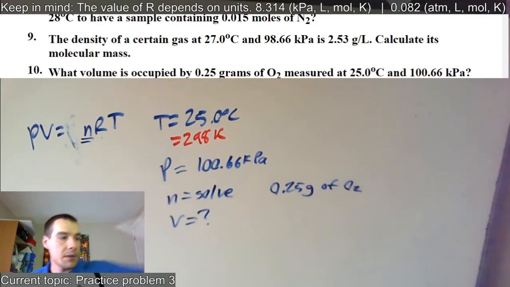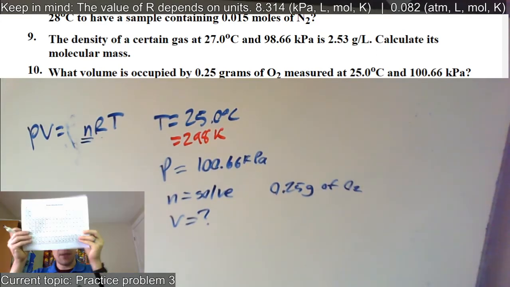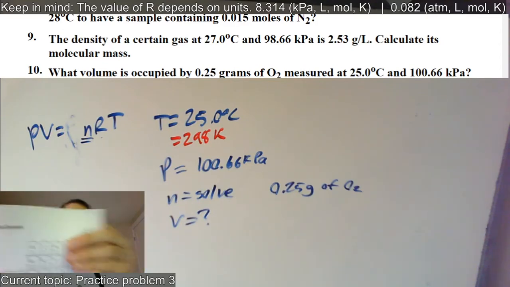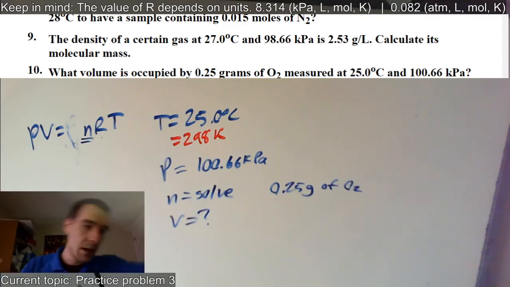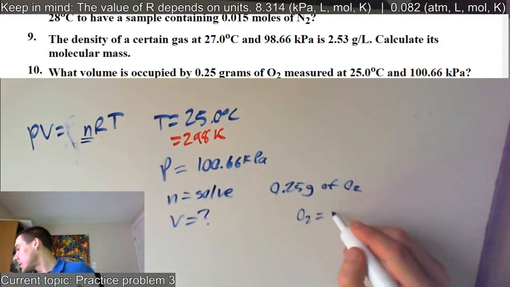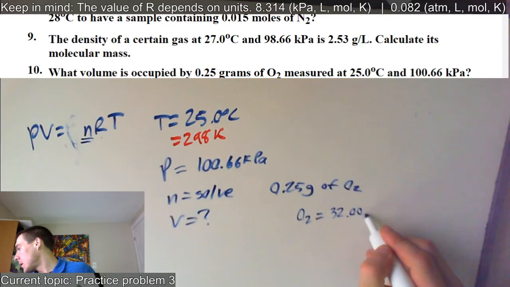So what we do is we pull out a periodic table. We're going to need a periodic table here. And we find oxygen. Oxygen is 16 grams per mole. There it is. But there's O2, so O2 is 32 grams per mole.